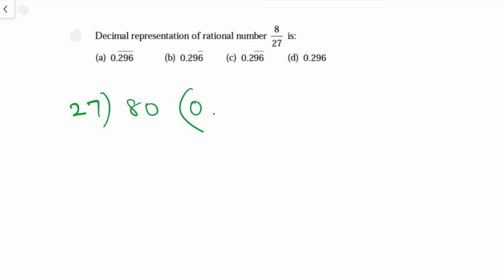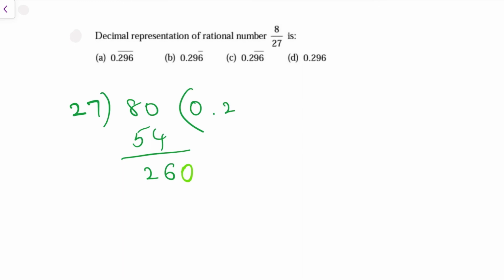Then 27 3s are 81, so 27 2s are 54. 80 minus 54 is 26. Again in the 27 table 26 won't come, so since the decimal is already there, we can keep one more 0 here, no problem at all.